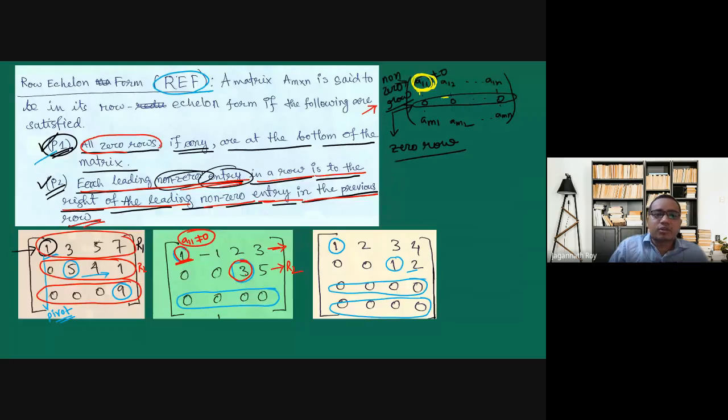If it has all zero entries in a row, then it is a zero row. All the zero rows will be at the bottom. See in the third example, we are having, just a minute.